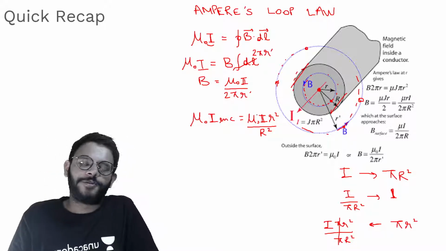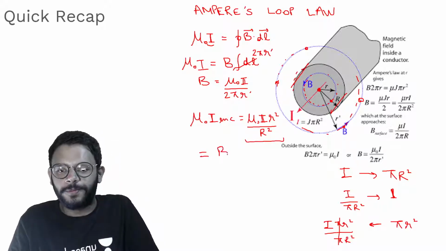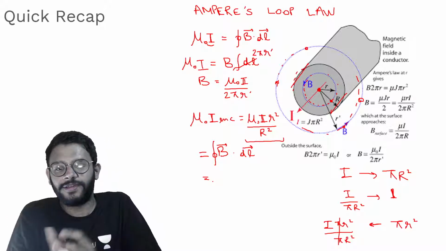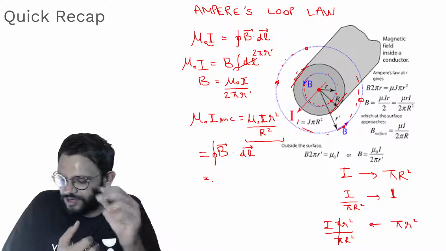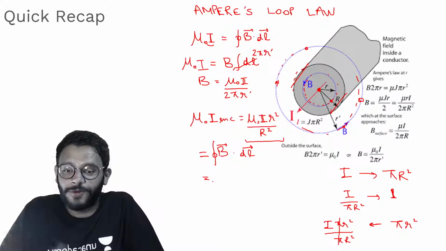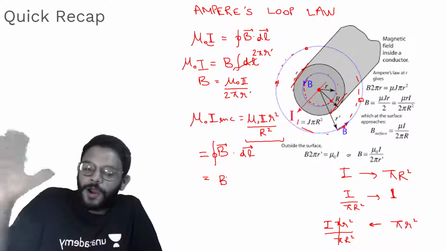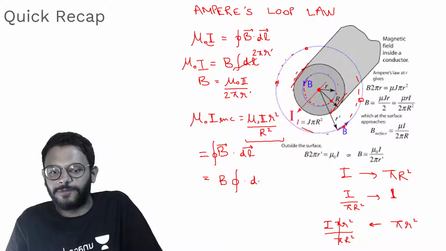Wow, I found out what the μ₀ I enclosed is, which is equal to the integral of B dot dl. Since B follows circular symmetry, and the loop is in a circular shape, B is taken out of that integral, and what I have is just the integral of dl.